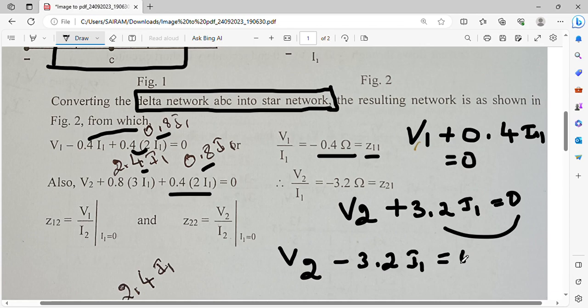Shifting this over, V2 is equal to minus 3.2 I1, and V2 by I1 is equal to minus 3.2, which is Z21, right?